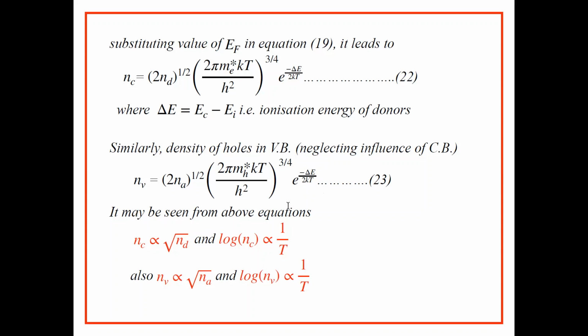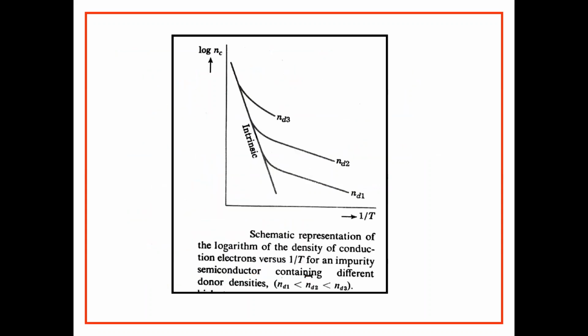It may be seen from the above equations that NC is directly proportional to under root of ND, and log of NC is directly proportional to 1 upon T, and also NV is directly proportional to under root of NA, and log of NV is directly proportional to 1 upon T. This graph shows the representation of the logarithm of the density of conduction electrons versus 1 upon T for an impurity semiconductor containing different donor densities ND1, ND2, and ND3.